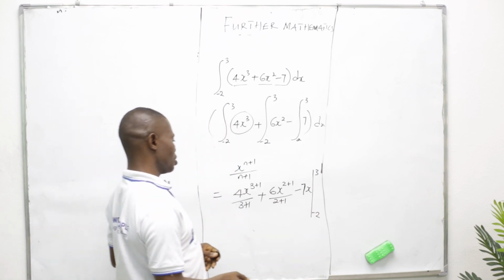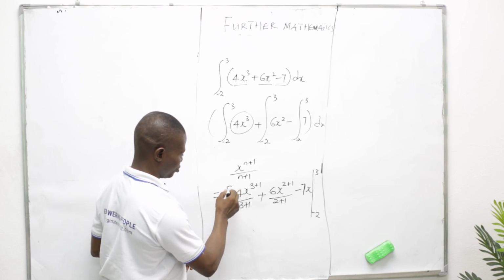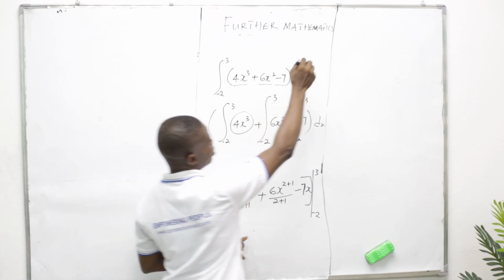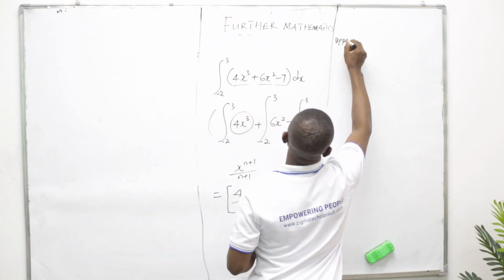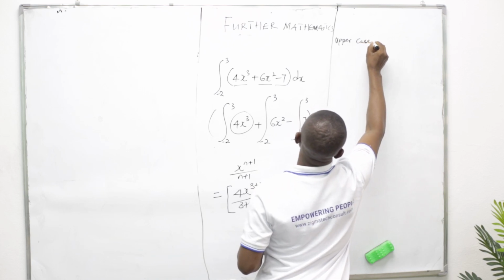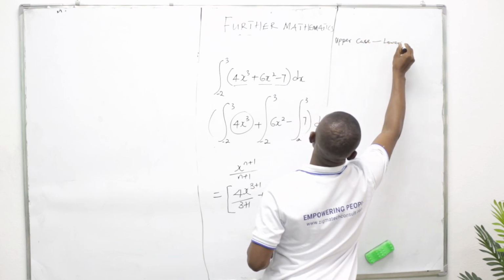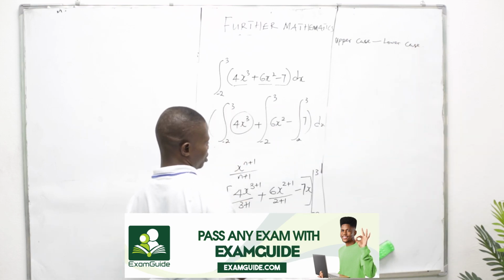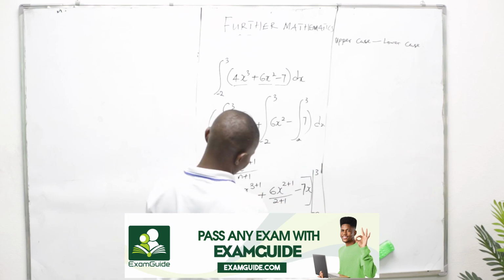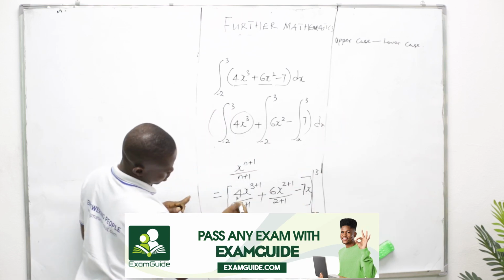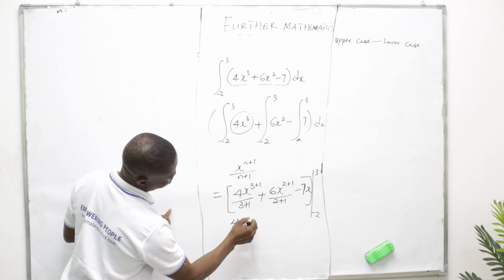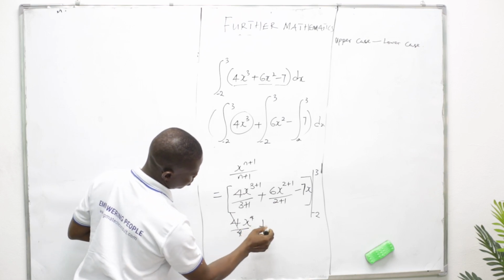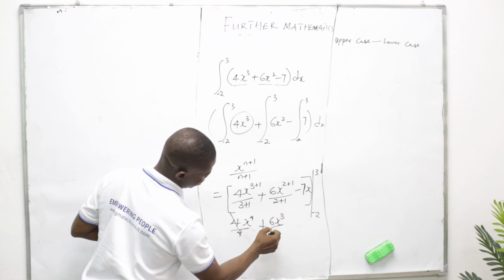Here, the solution is going to be, let me use brackets to guide you, upper limit minus lower limit. Now let us handle our upper limit. What is the upper limit here? It's 3. But let us settle this first. If we further simplify this, we have this all over this, plus 6x power 3 all over 3.